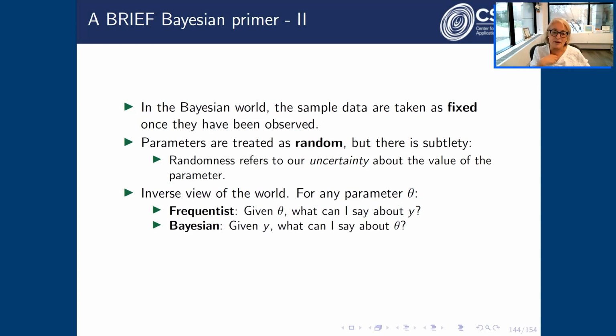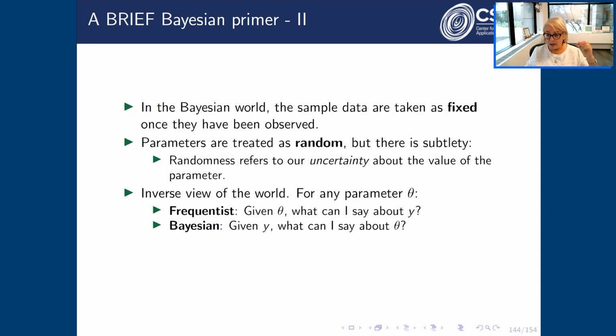So we treat them as random only because we don't know what the true value is. And so in the Bayesian world, instead of coming up with an estimate P, for example, for the population proportion, what we're going to be computing is a distribution of likely values for pi.